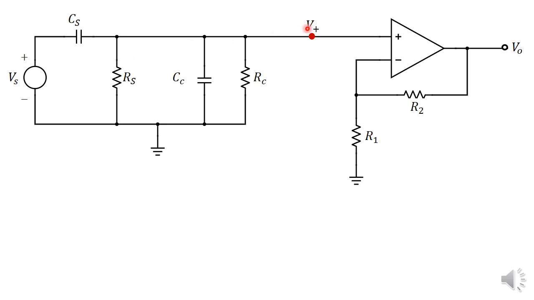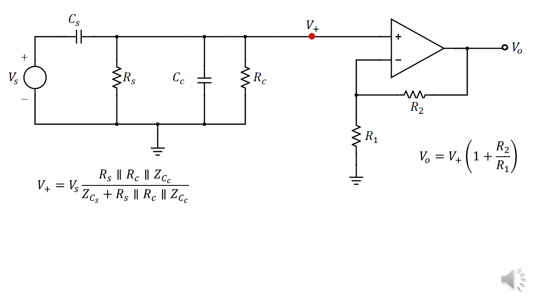As I said, we need to evaluate V plus. What is V plus going to be? It's going to be Rs in parallel with the impedance of this capacitance in parallel with Rc, and that's the impedance of this part. The total impedance is ZCs plus this impedance. Now, if we are able to get V plus, we'll be able to get V naught as well.